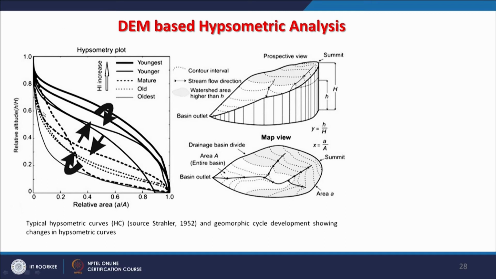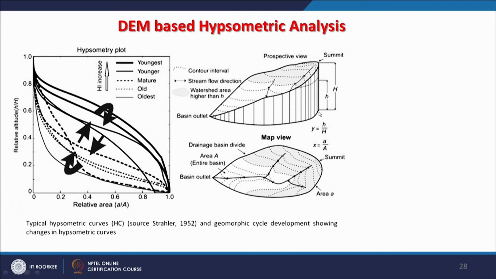Generally these hypsometric plots are based on the relative area at different elevations. On the x axis we have the relative area, and on the y axis the relative altitude.